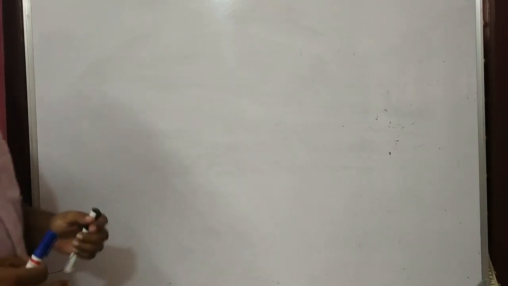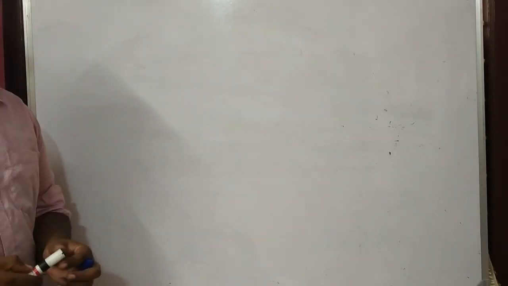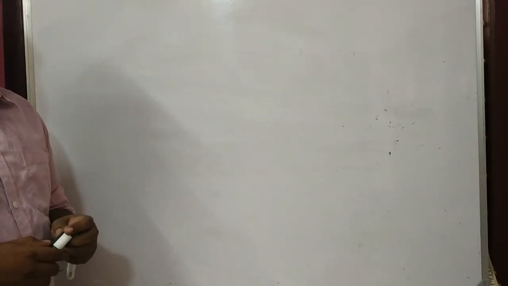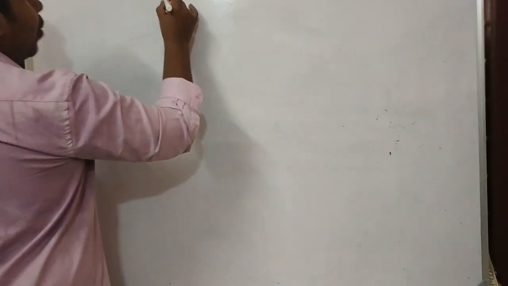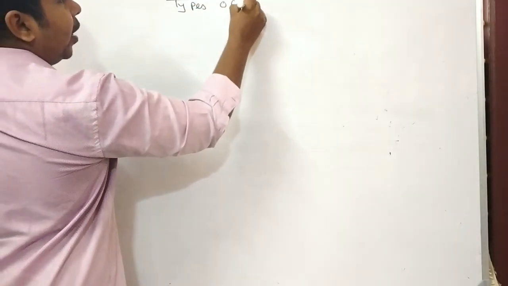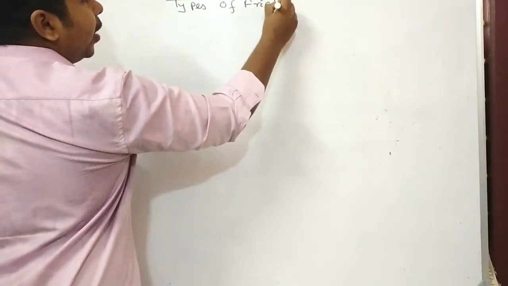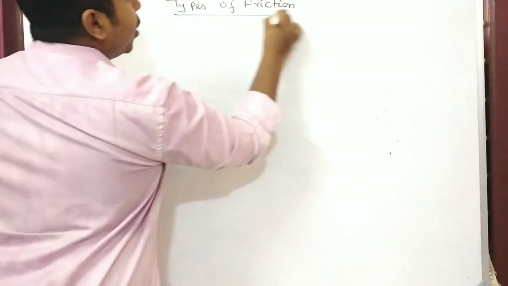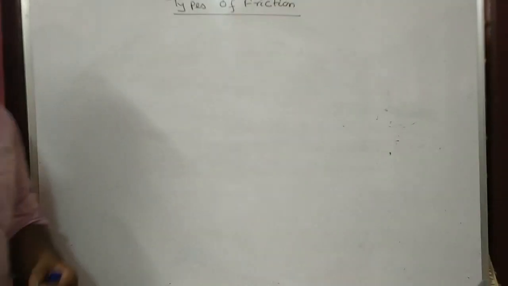In the previous class we discussed friction, the effect of friction, the cause of friction, everything. Now today we'll learn about the types of friction. So what is friction? You have already learned that in the previous part of discussion.